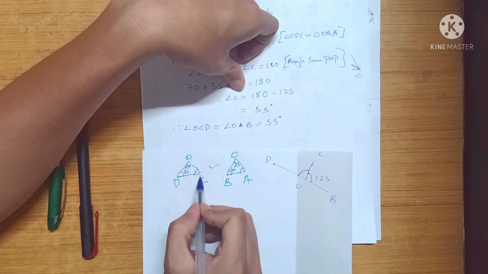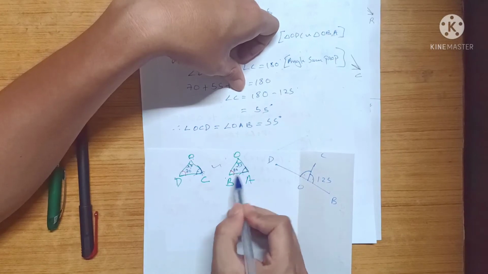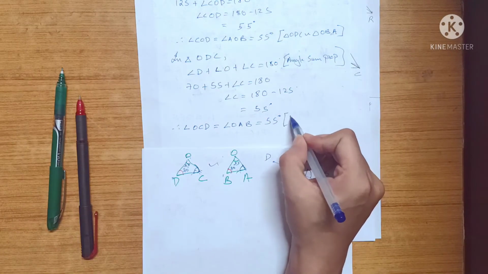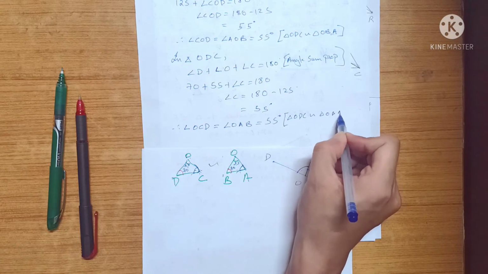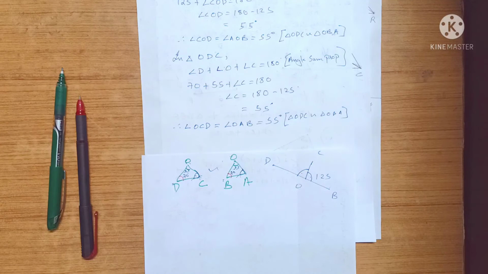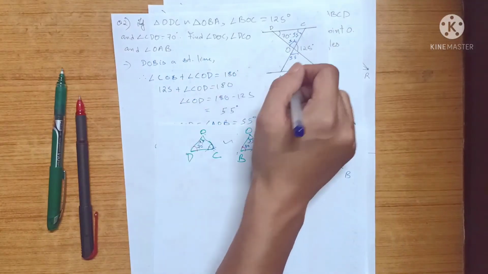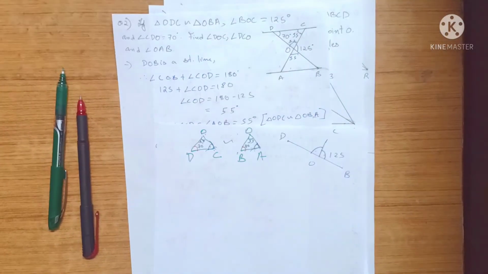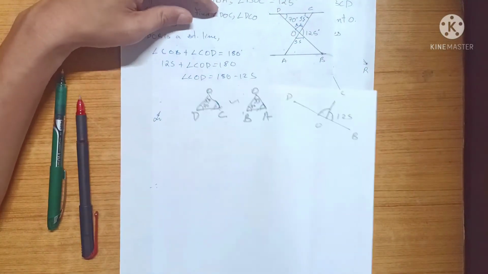So we're getting OCD as 55, so this angle should be equal to this angle, right? So OAB is also 55. Same reason as above: triangle ODC is similar to triangle OBA. In this particular question, I've seen some students make mistakes by writing alternate angles, this and this, but nowhere in the question is it given that these two are parallel lines, so you cannot use alternate angles, okay? But you can use vertically opposite angles.